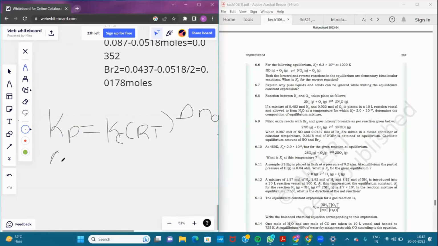Here for the oxidation of SO2, delta Ng is 2 minus 1. And therefore, the delta Ng value is -1.